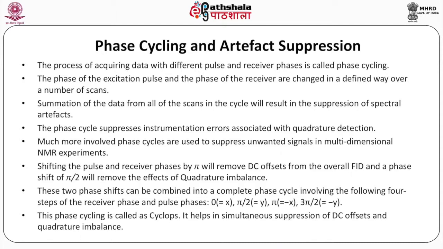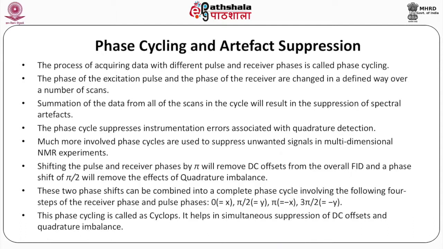Much more involved phase cycles are used to suppress unwanted signals in multidimensional NMR experiments, where this is the usual fare. Shifting the pulse and receiver phases by pi will remove DC offsets from the overall FID, and a phase shift of pi by 2 will remove the effects of quadrature imbalance.